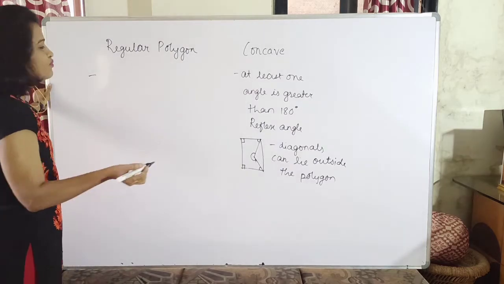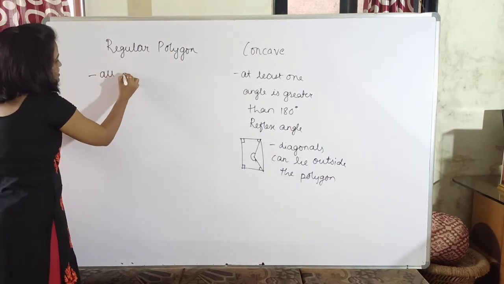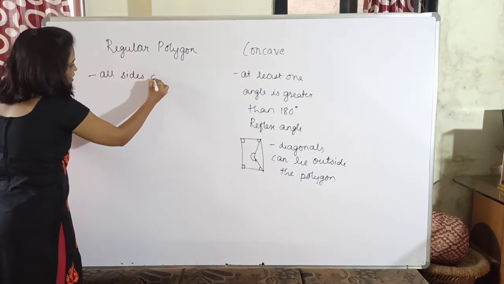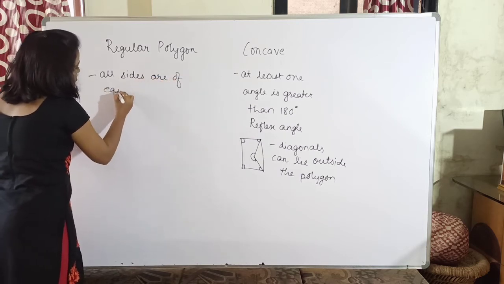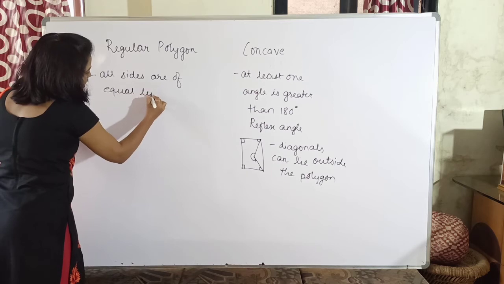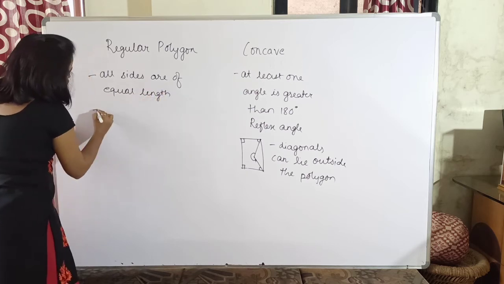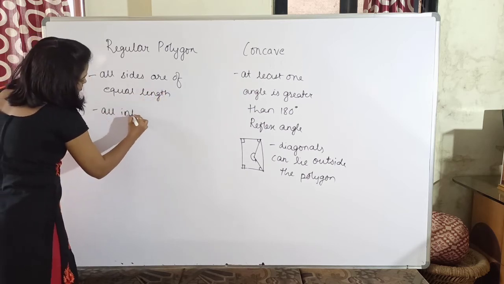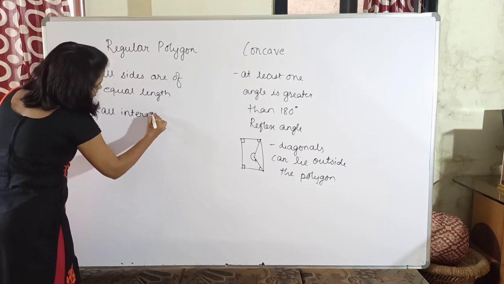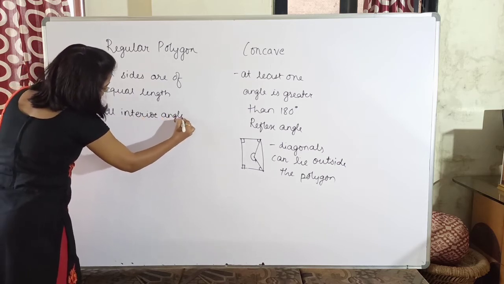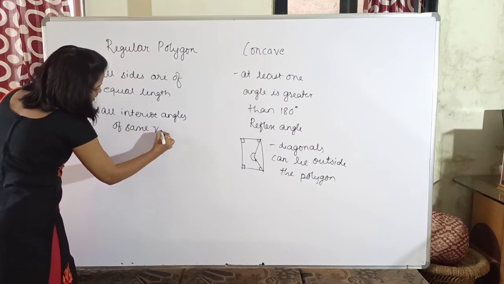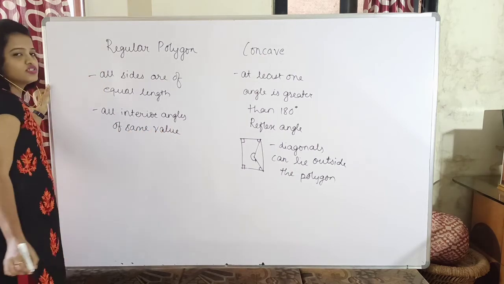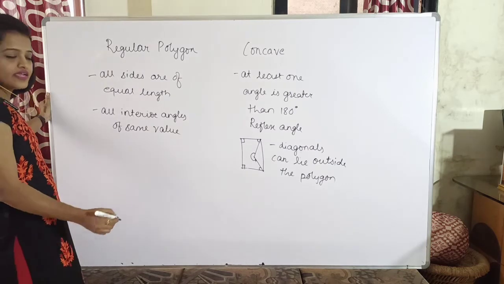If you consider any polygon and all sides of that polygon are of equal length and also all interior angles are of the same value, such a polygon is called a regular polygon.